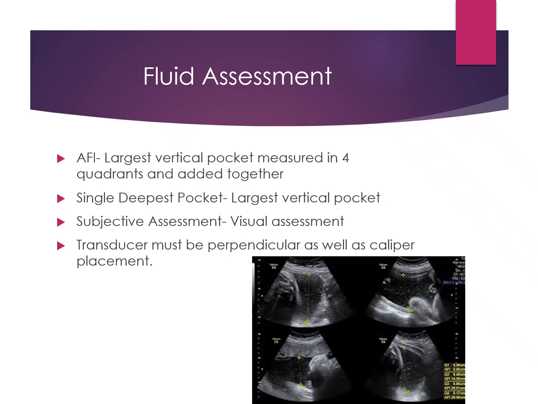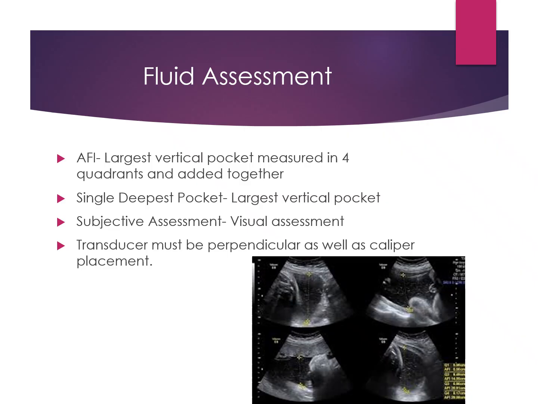So back to the ways we measure it. We can either do 4 quadrants that are added together. This is going to be our amniotic fluid index. We can do a single deepest pocket. So this will be a vertical pocket that we measure anterior to posterior.